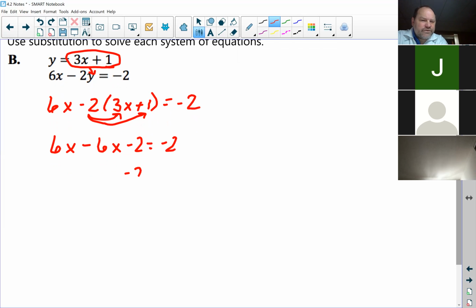So negative 2 equals negative 2. That is always true. So if we get something that's always true, we have infinitely many solutions.